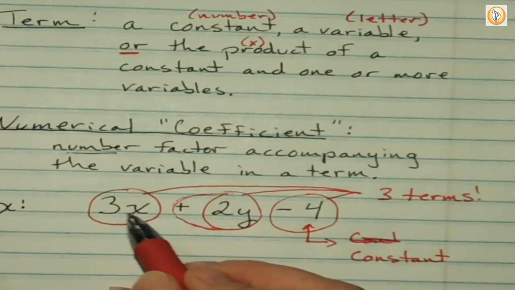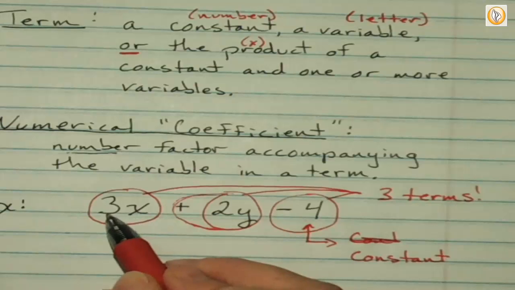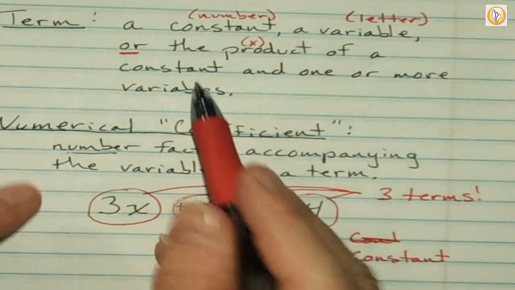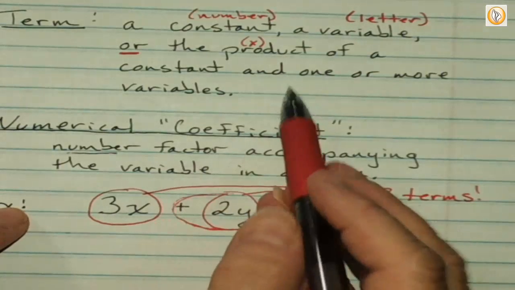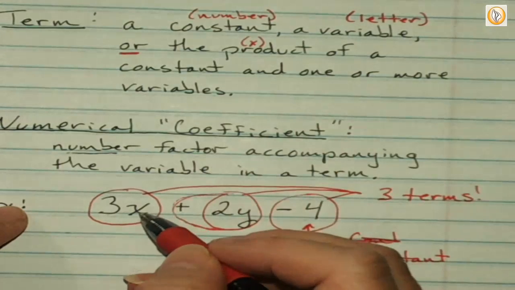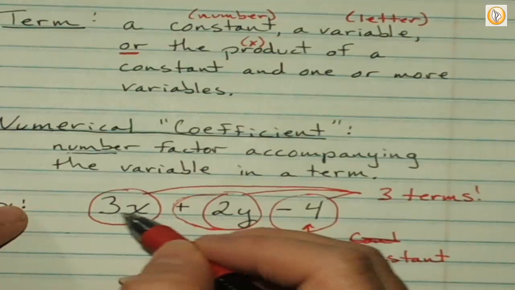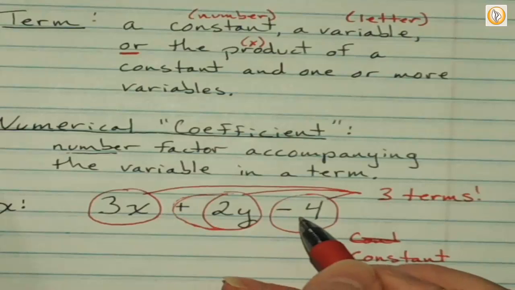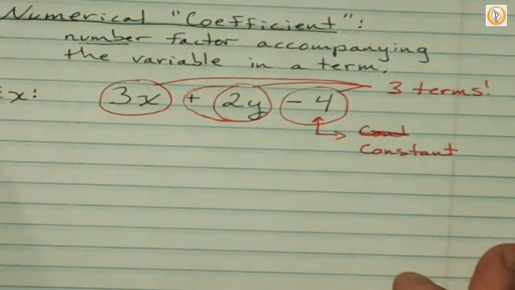See, that's 3 times x, correct? When they're right next to each other, that's multiplication. So the product of a constant, there's your number, and one or more variables, there's your variable. So 3 times x, 3x is a term. So there's 3 terms here, okay?